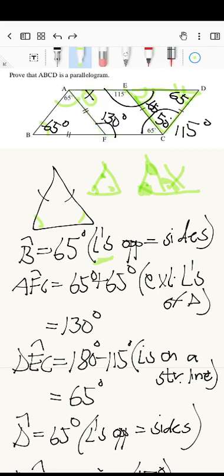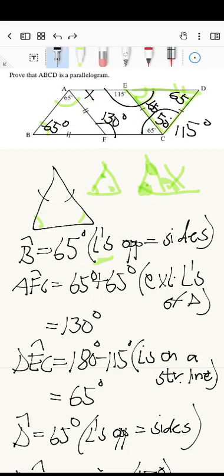Okay, what do we know about all quadrilaterals? We know that the sum of the interior angles is equal to 360. So I'm going to say this angle here is going to be 360 minus this one, and this one, in order to get my missing angle over there.